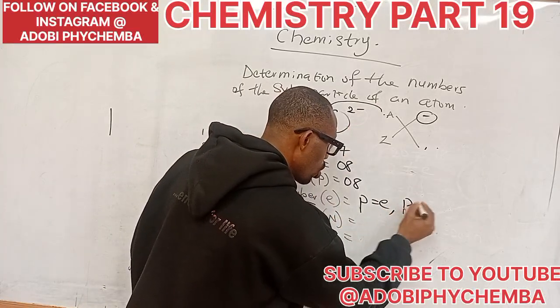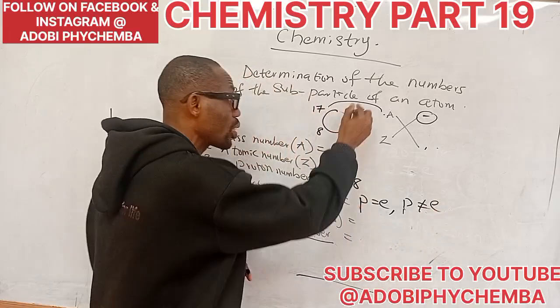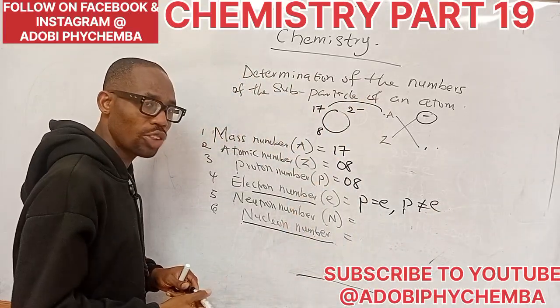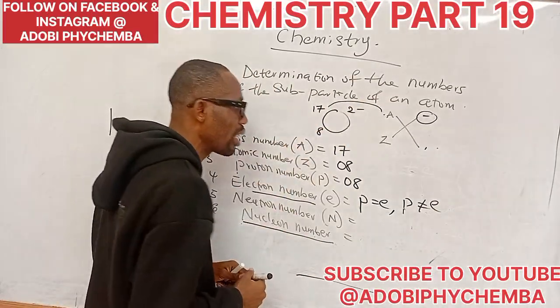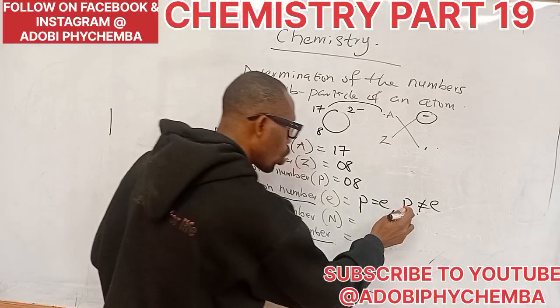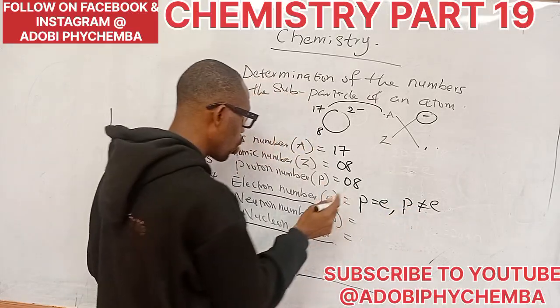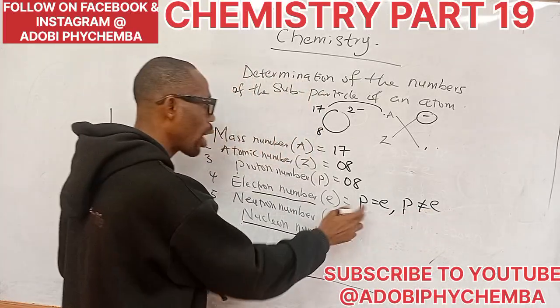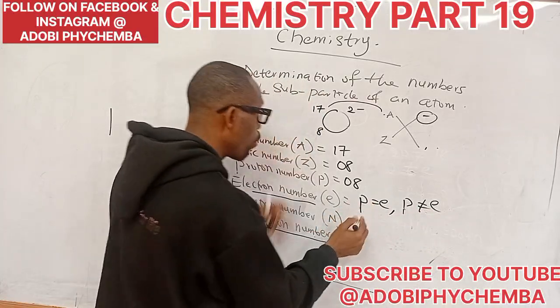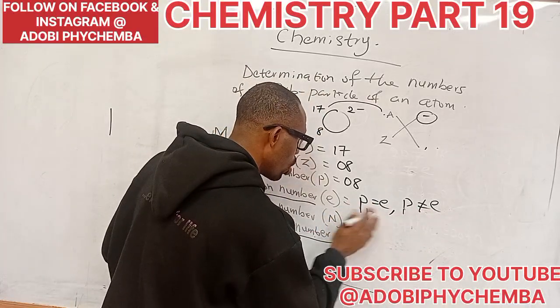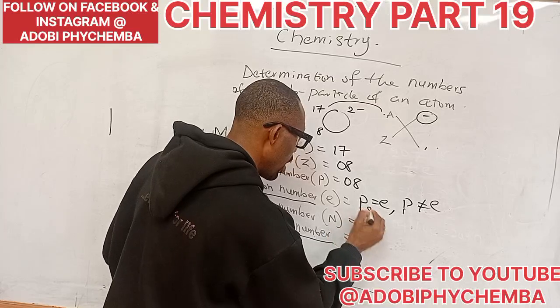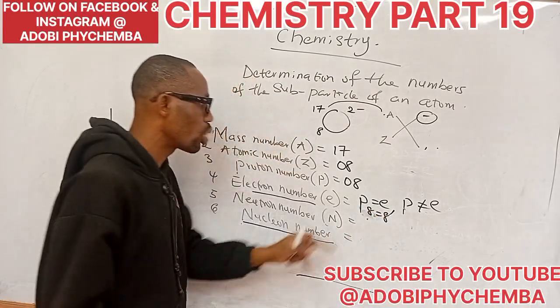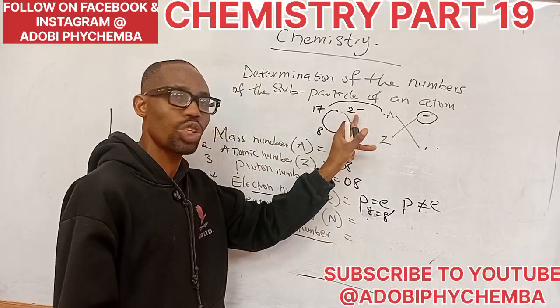So you have P not equal to electron because it already carries a charge, a negative charge, which makes it an anion. Proton is 8. The electron can no longer be 8, because for it to be electrically neutral, proton would be 8 equals 8. So electron would have been 8 if this was not here.